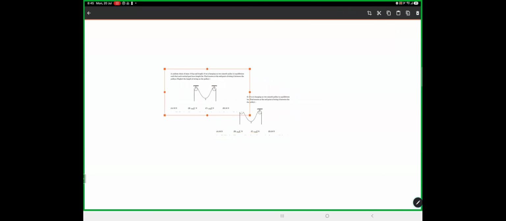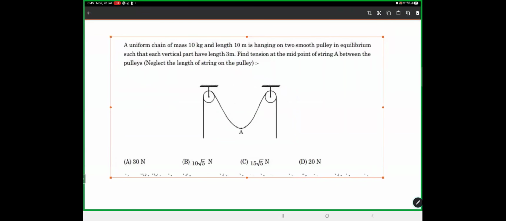This is not loaded, but I think we can do this question. This is a good one. We should have done this in catenary.